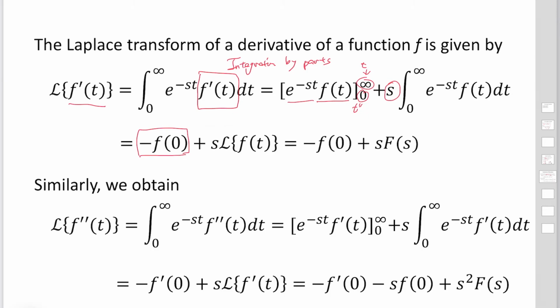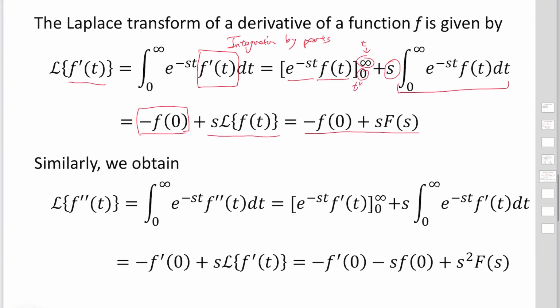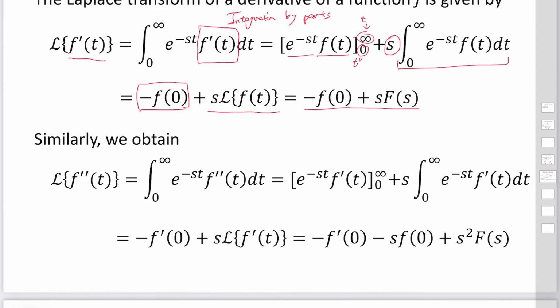And times s, this is actually equal to the definition of the Laplace transform, so s times the Laplace transform of f. The Laplace transform of a derivative of a function f is minus f(0) plus s times the Laplace transform of the function f.